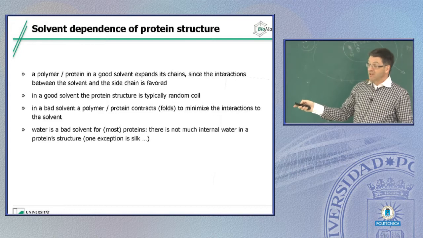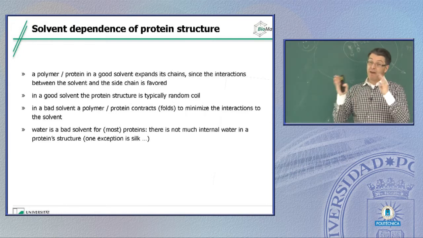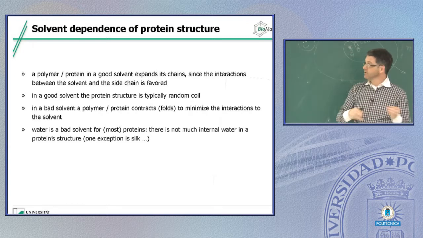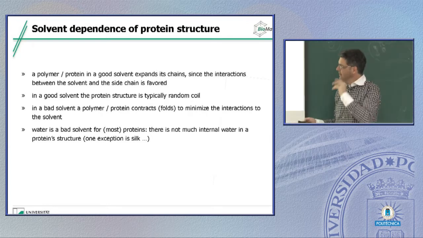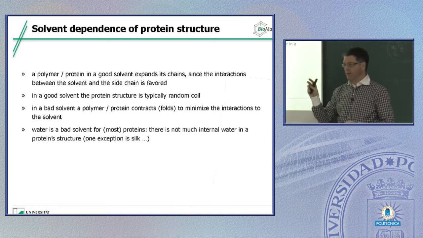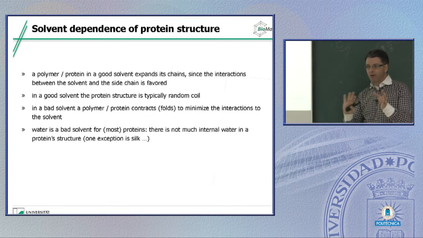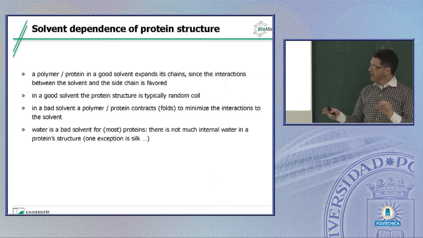So actually, water is quite a good solvent for silk molecules, but water is a bad solvent for most of the other proteins. This is very important, and this also will be important then if we talk about processing of silks, because we can use that issue quite a lot, and we can actually manipulate the proteins much better because they are very well solved in water.